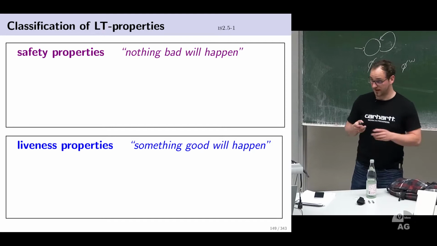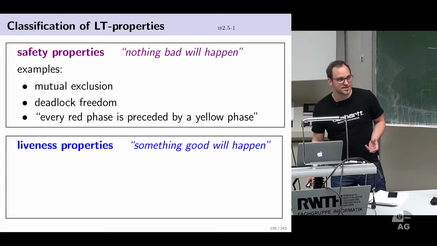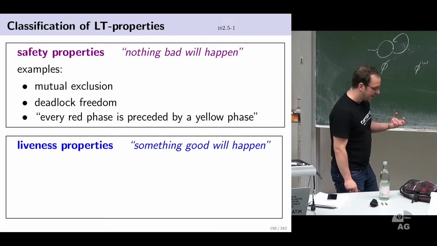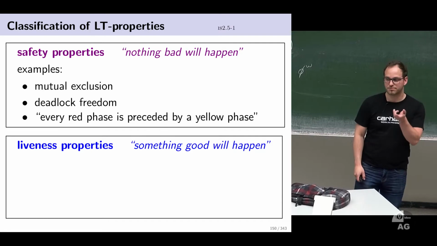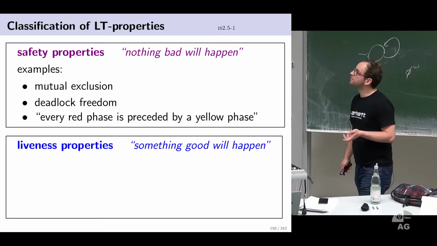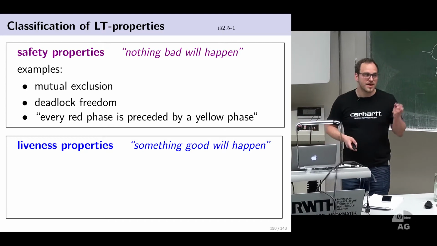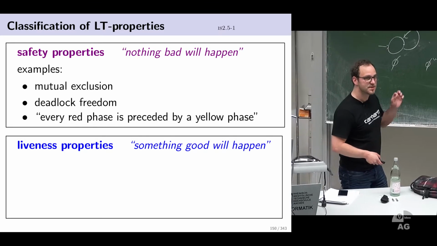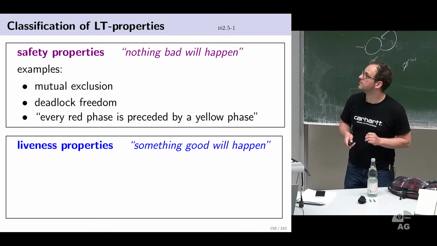Well, what kind of examples do we have for this? Well, one is mutual exclusion. It says, never is it going to be the case that my transition system enters a state where process 1 and process 2 are in their critical sections. Deadlock freedom, same thing. Never is it going to be the case that I will not have the option to move on in my transition system.